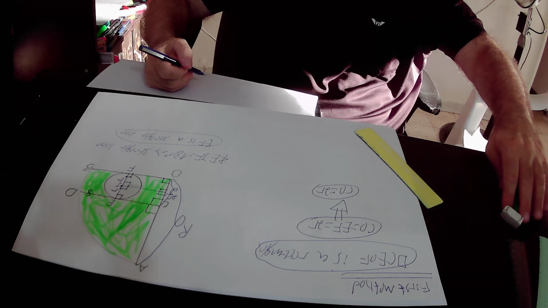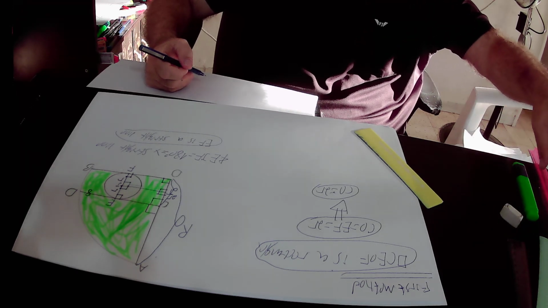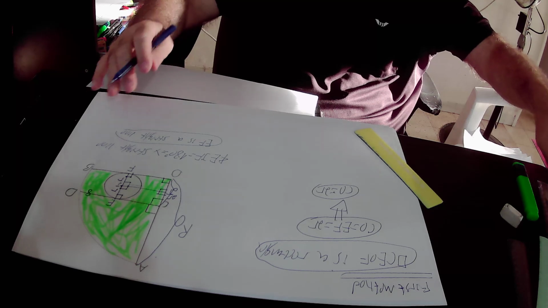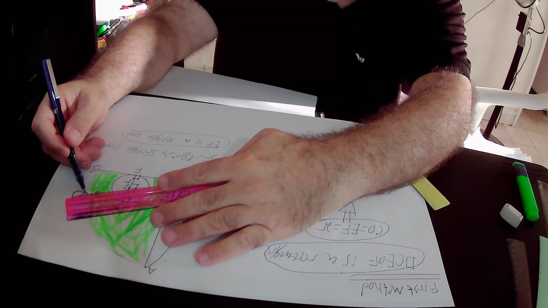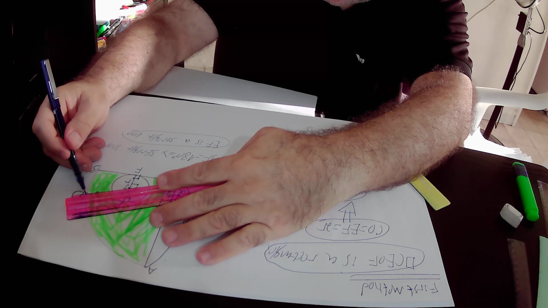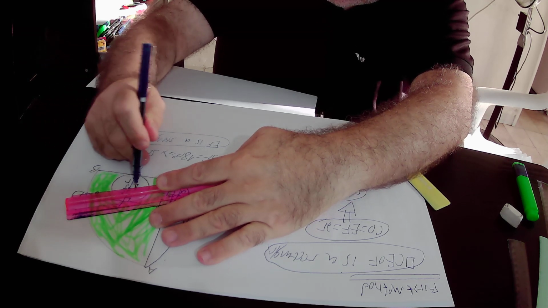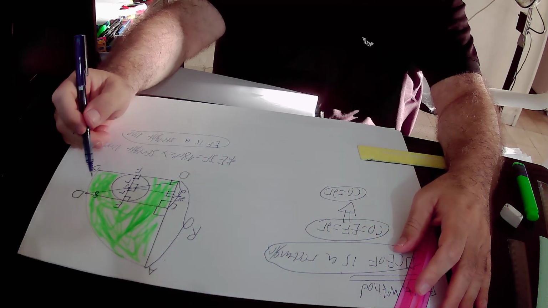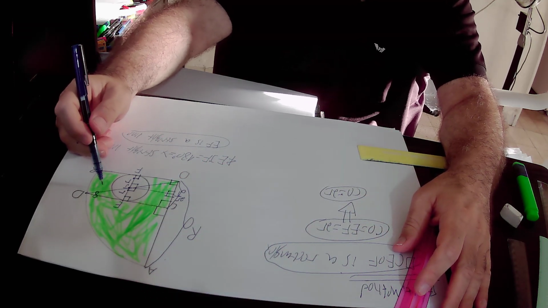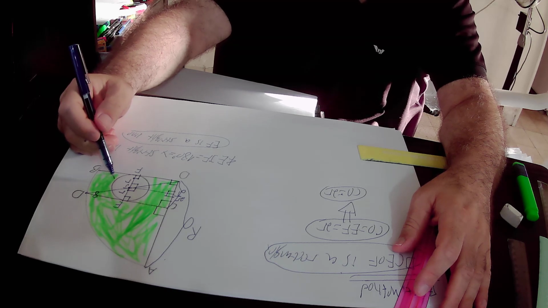In the next step, we join points O and D together by a straight line. Point O is the center of the quarter circle, point D is the point of the quarter circle itself.